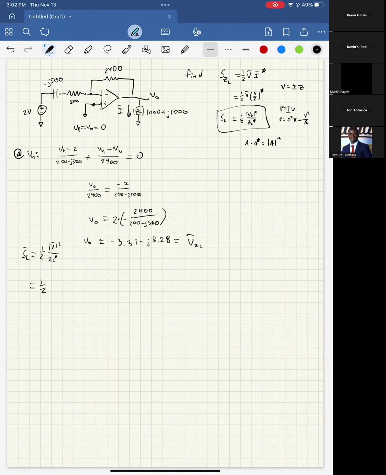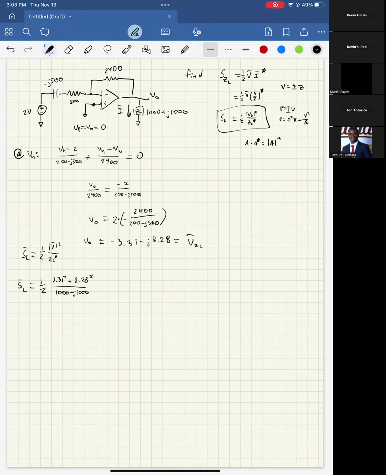The magnitude is going to be A squared plus B squared, and then you square it, so it's just A squared plus B squared. I'll write it out here. It's going to be 3.31 squared plus 8.28 squared, and then over the conjugate of our ZL, so that's going to be 100 minus j1000, right?